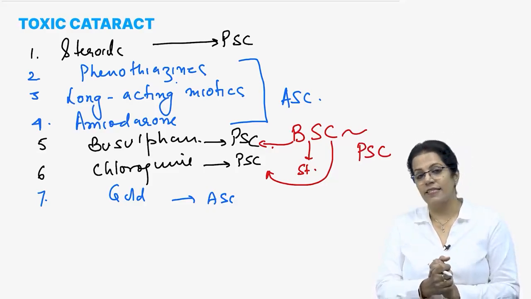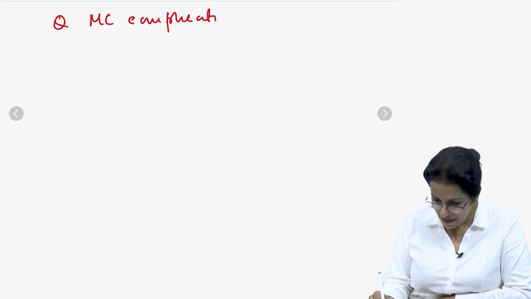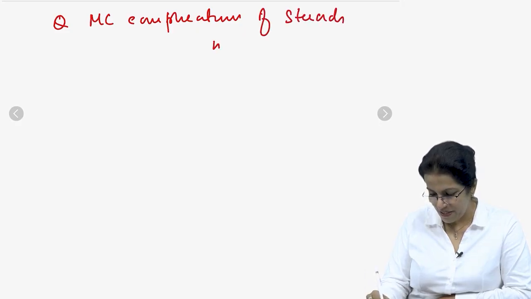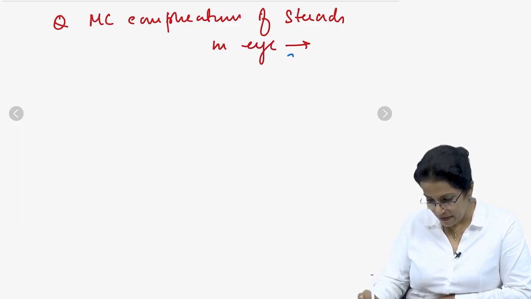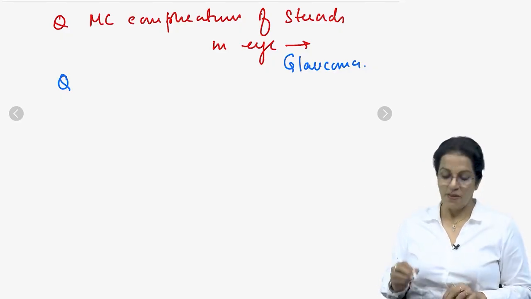Okay, another exam question: what is the most common complication of steroids in the eye? If they ask you this, should you answer cataract? No. The most common complication we'll answer is glaucoma. Which glaucoma?